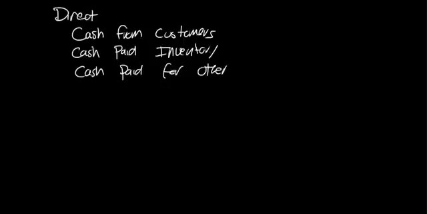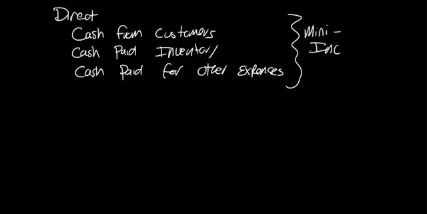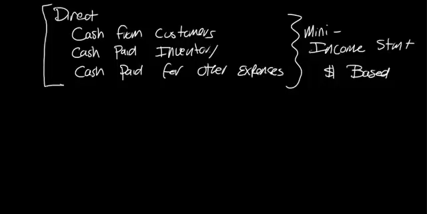When we get done, we basically have prepared a mini income statement that is all cash based. But this is only going to affect the operating section of the statement of cash flows.